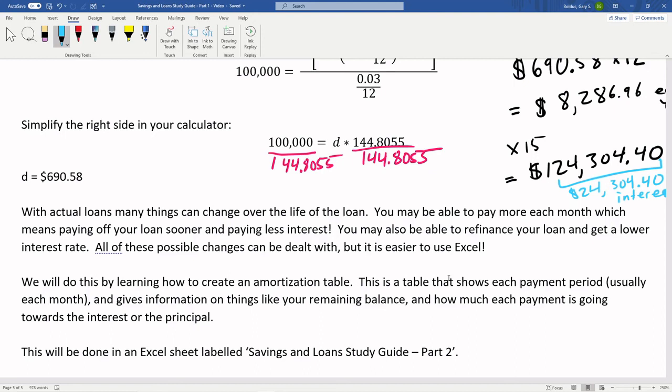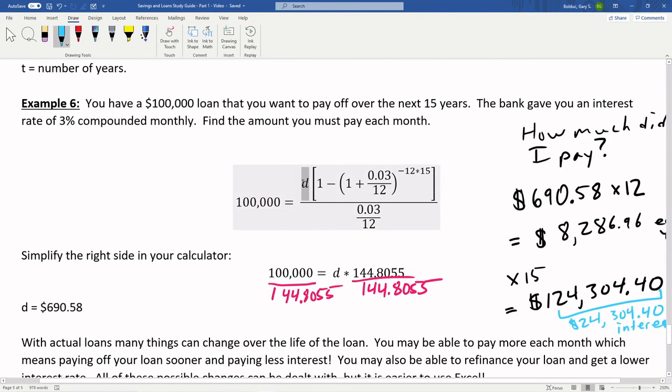What would you need to do to kind of figure out what's happening there? You could do some more of these calculations. Say, you know what? I actually have a new amount I can pay every month. So let's recalculate now how long it will take me to pay it off doing this. We could do that. We could just solve for t. Again, by hand, not very nice, but doable.